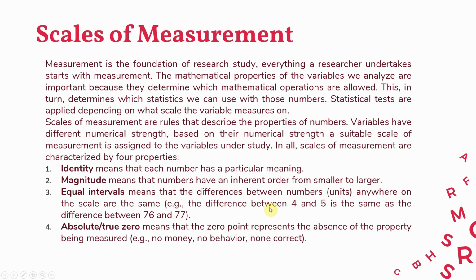For instance, the difference between 4 and 5 is the same as the difference between 76 and 77, that is 1. Absolute zero means that the 0 point represents the absence of the property being measured. For instance, no money, no behavior, none of the options correct. So we'll be discussing all these properties and the scales of measurement associated in greater detail.